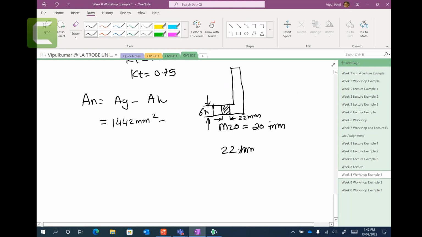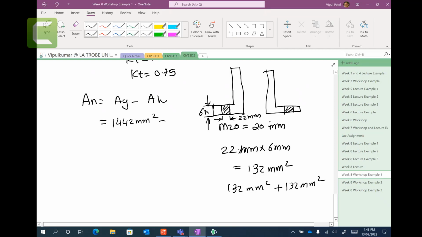So 22 millimeters times 6 millimeters, you get 132 millimeters squared, and you have two holes because there is another side as well here. So 132 millimeters squared plus 132 millimeters squared, you get 264 millimeters squared. So 1442 minus 264, you get 1178 millimeters squared net area.